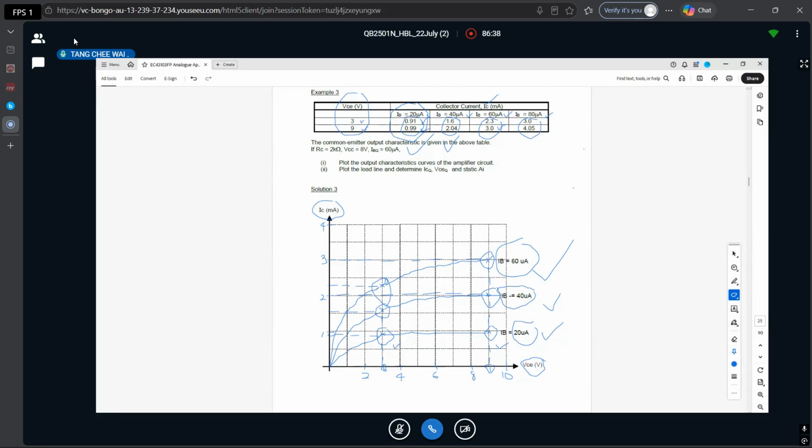Can someone just attempt and tell me what is the first point for IB at 80 microamp? The first point. Can try? Doesn't matter if it's right or not, but we need to try that before we decide whether we know or we don't know. Anyone? For IB equals to 80 microamp, where is the 2 point? You want to try?